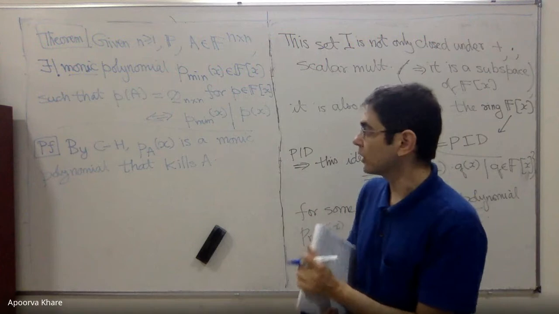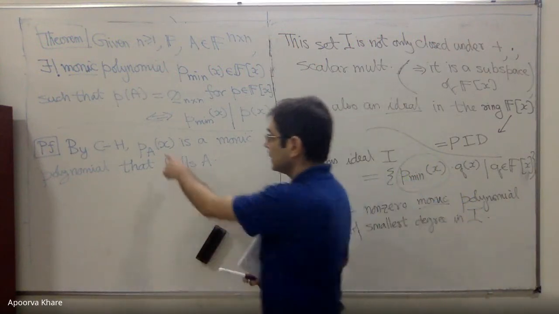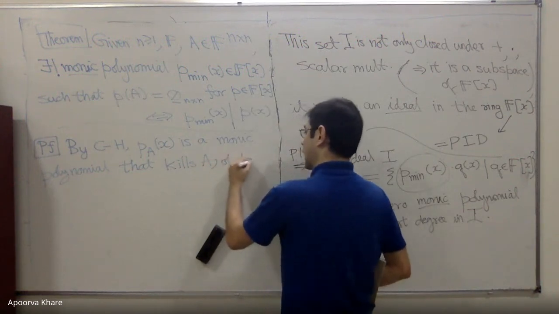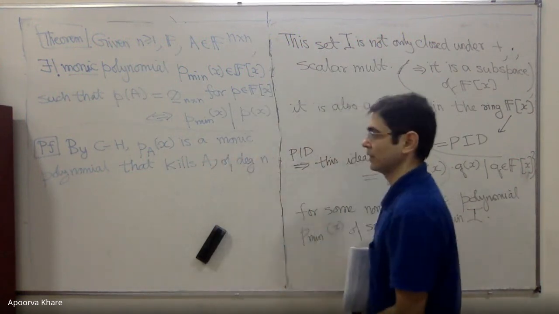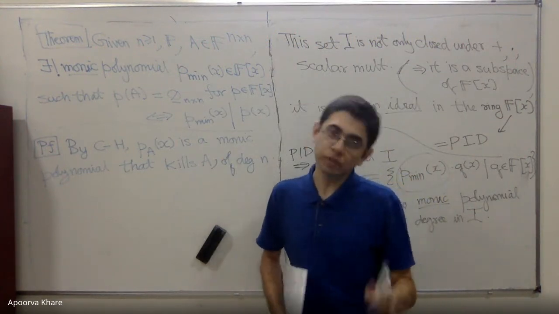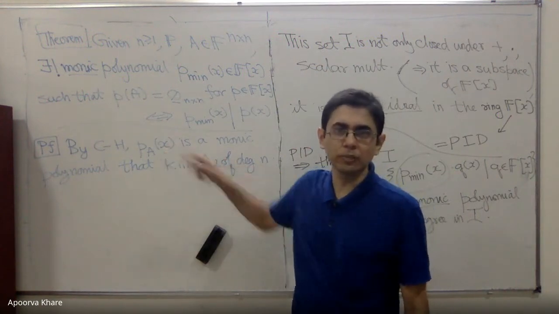Therefore, I look at the set of monic polynomials that kill A of degree at most n. That set is non-empty because the characteristic polynomial is in it.